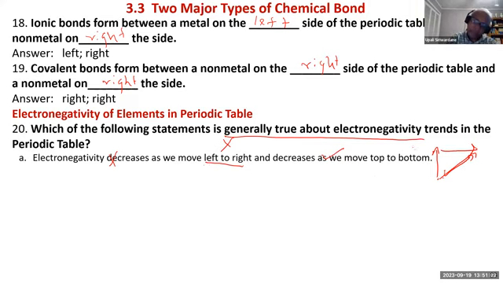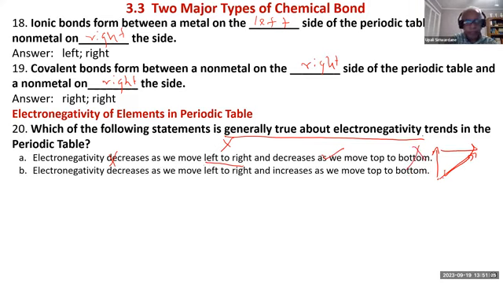Therefore, the total statement is untrue. Electronegativity decreases as you move from left to right? That's not true. It increases. Same as this statement. And increases from top to bottom. That's not right.